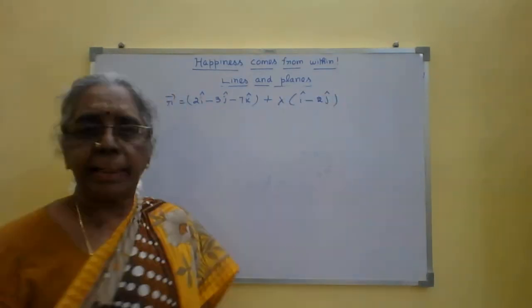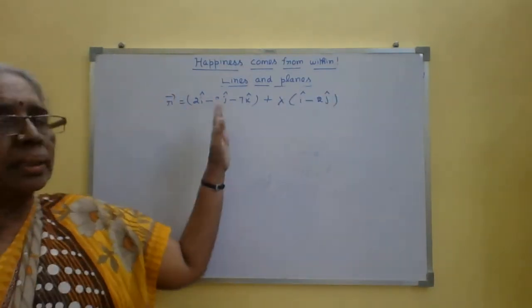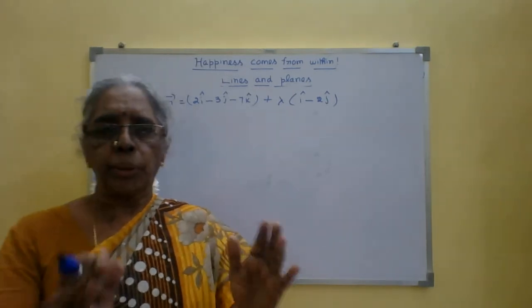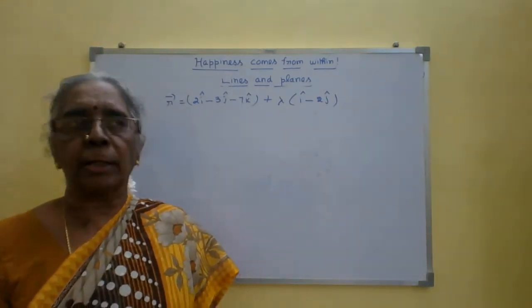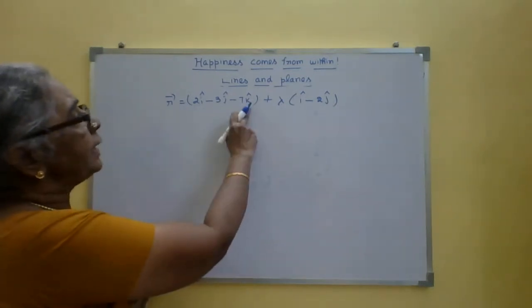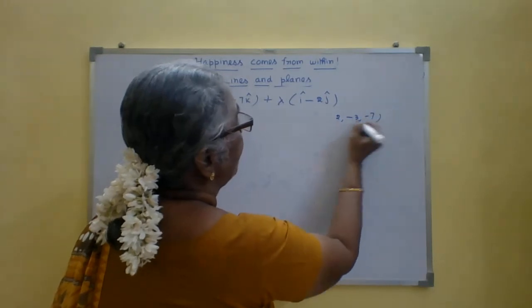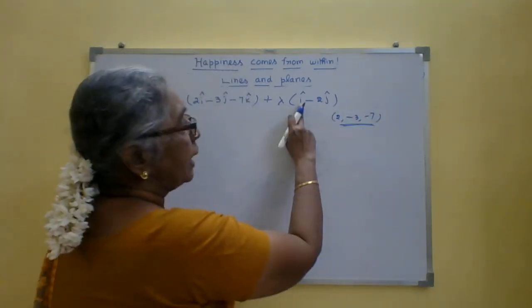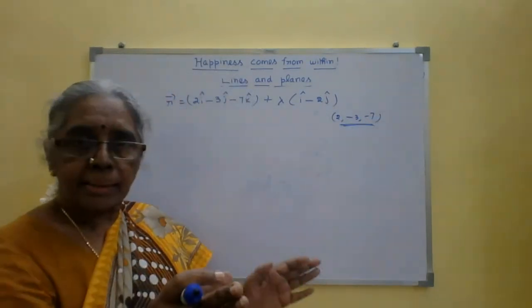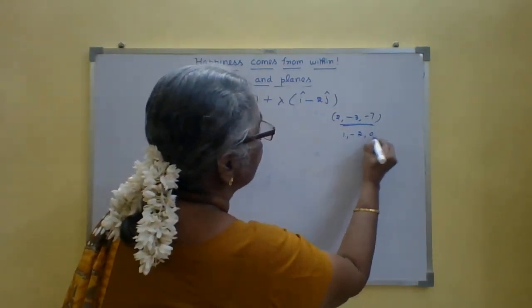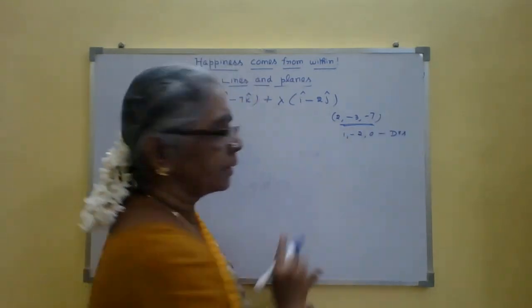I am not writing any k cap there. Let it be. Now this is a vector equation of a line. Now I am going to convert it to the Cartesian equation. So I know what is the point given here. That is 2, comma minus 3, comma minus 7. This is the point. Now the direction ratios are 1, comma minus 2, comma 0. This is the DRs. Note it down.